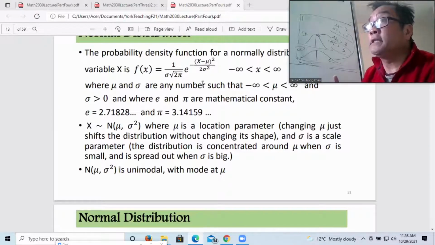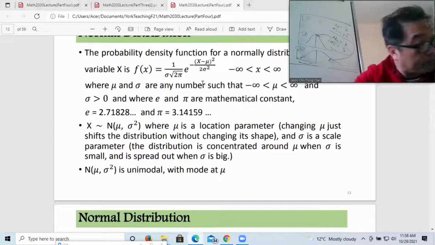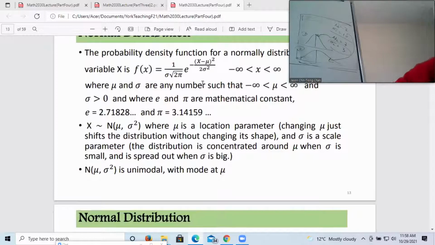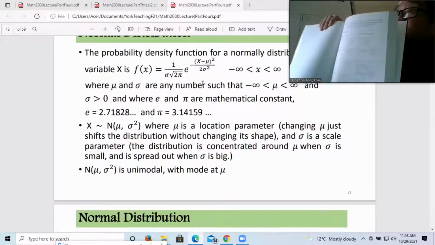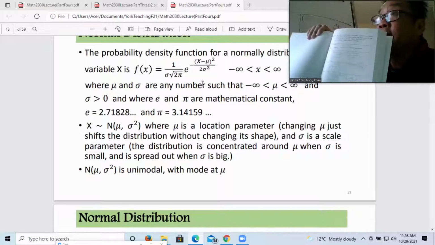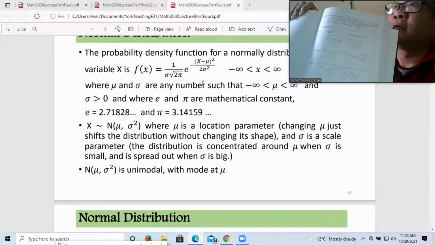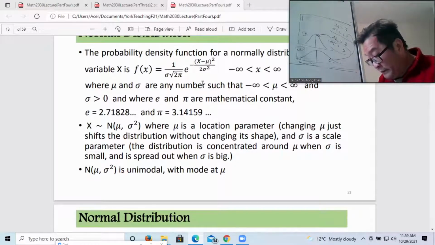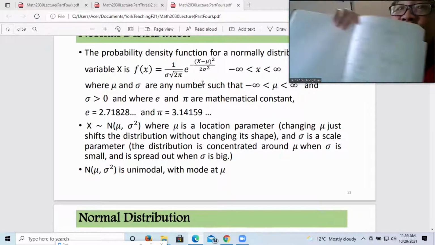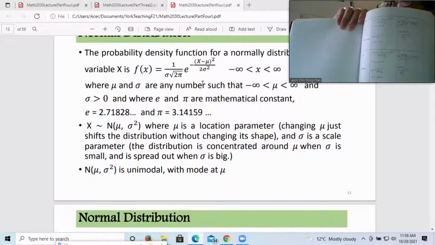All the distributions, we have functions. Maybe I can show you now. Can you see this one? Yes or no? How about now?